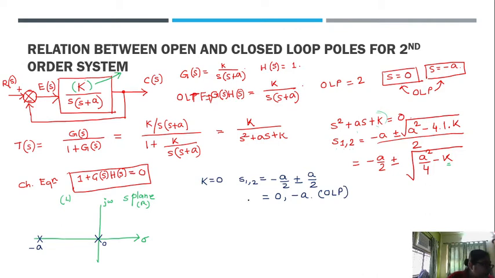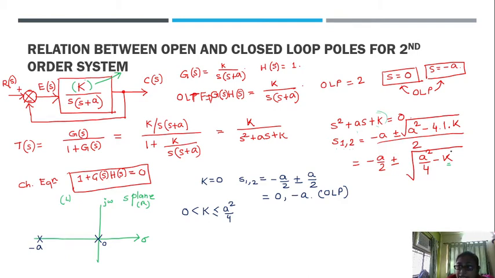Now consider that I am increasing the value of k, and it is now greater than 0, and suppose it is less than or equal to a square by 4. So what is going to happen now?